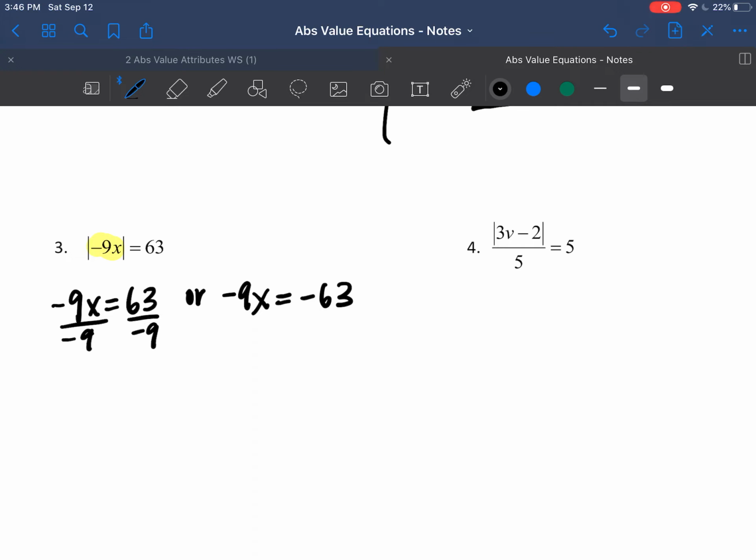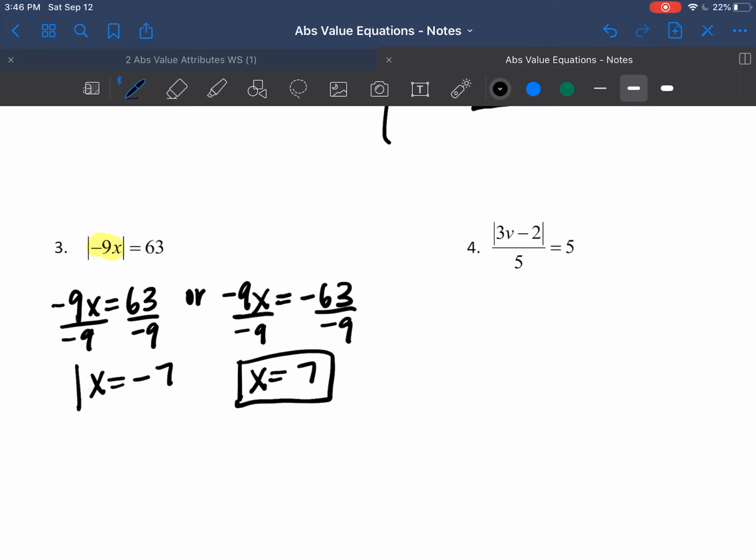Divide by this negative 9, and we get x equals negative 7 and positive 7. And so in this case, we have a symmetrical solution.